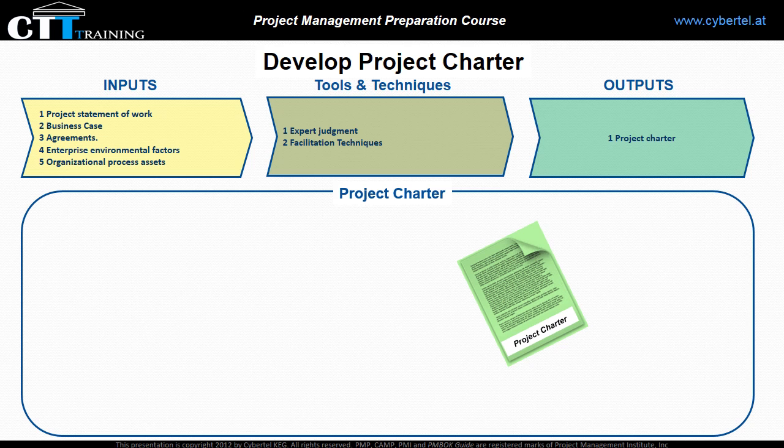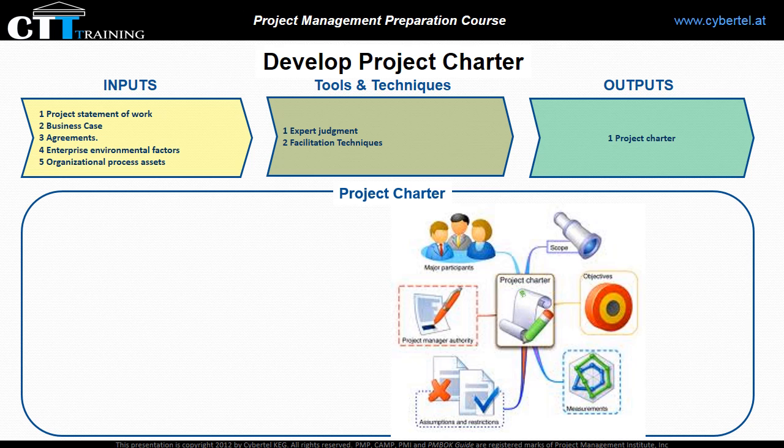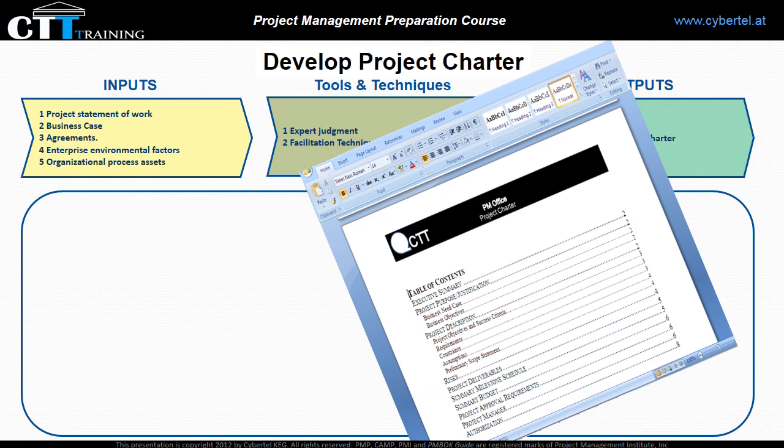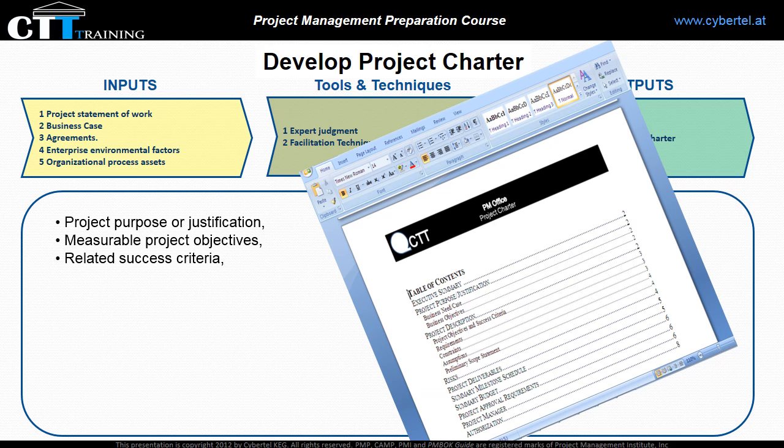As we said before, the project charter is a document which includes the business needs and the initial vision of the deliverables. In this vision, you should collect the information about the following. Project purpose, measurable project objectives and related success criteria, high-level requirements, high-level scope and a summary of project description, as well as project risks.